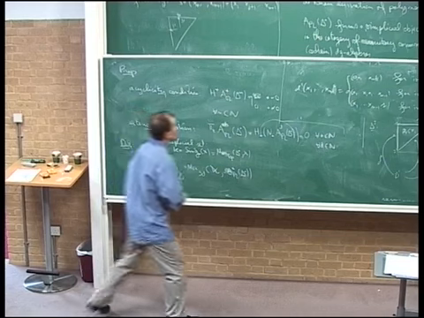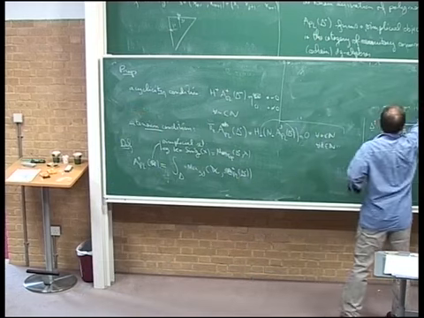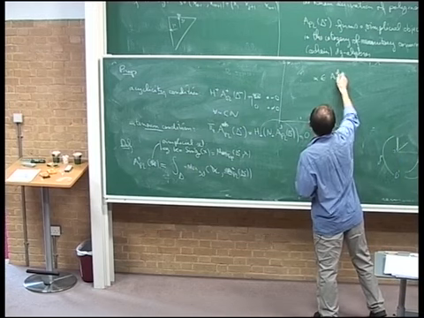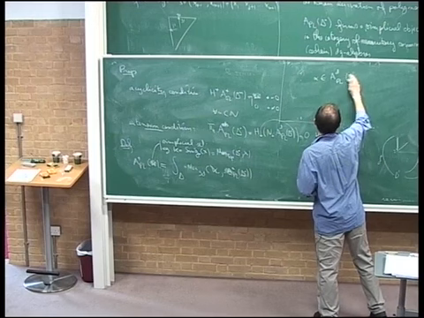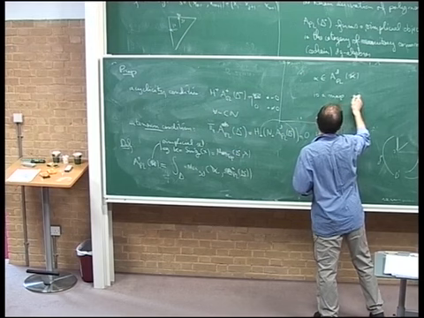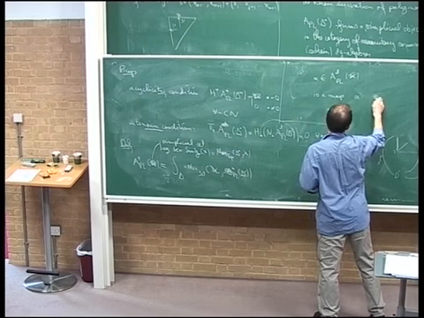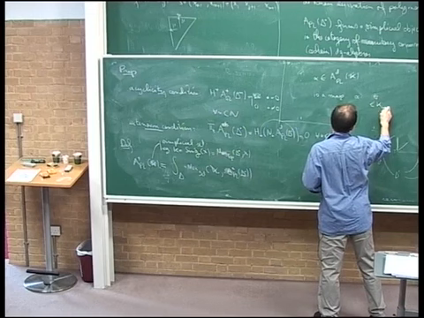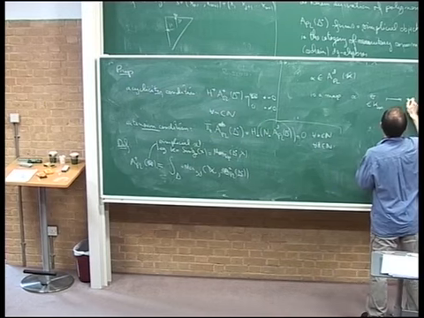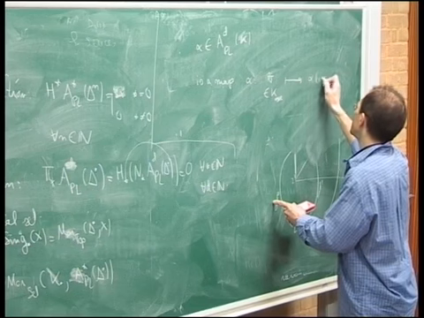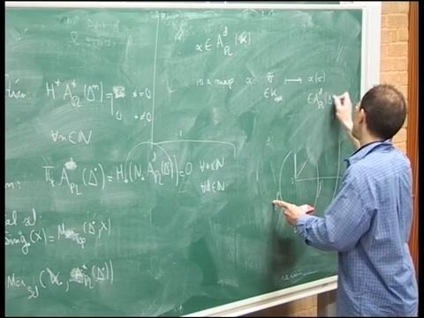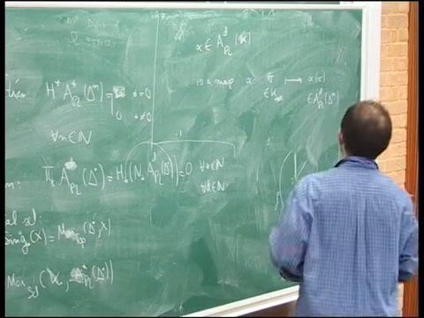This means that an element alpha in the cochains of degree D in A_PL is a map alpha which to every simplex sigma of dimension n in K associates a form alpha of sigma in A_PL, the polynomial forms on the n-simplex, delta n.